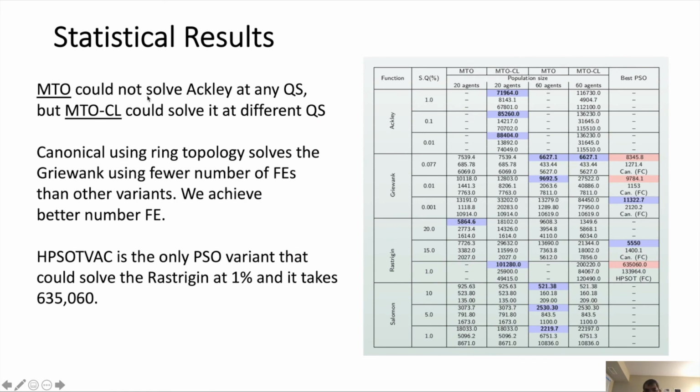The MTO couldn't solve the first benchmark functions. Actually, the MTO couldn't solve the problem, and that's why we thought about introducing a new variant of this algorithm, because in some cases the MTO itself cannot solve the problem. So we introduce the mutation distortion stages to solve the problem.